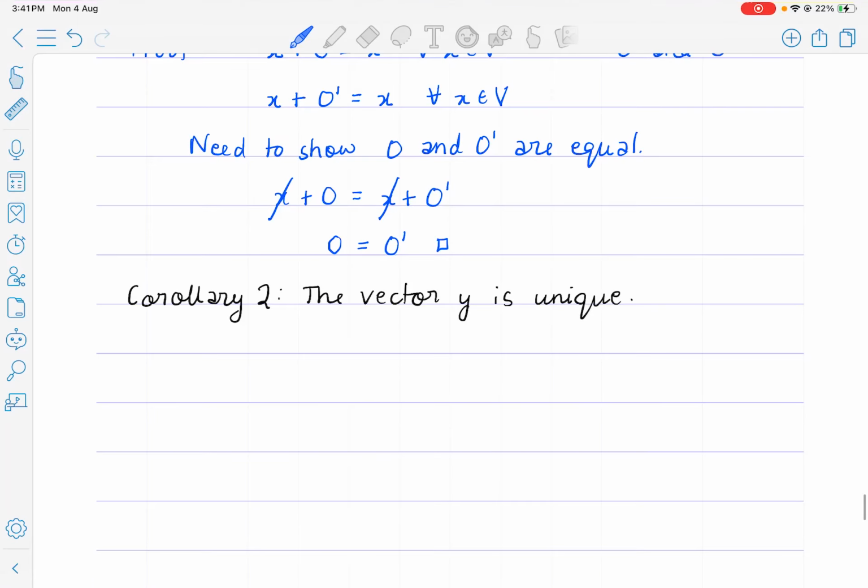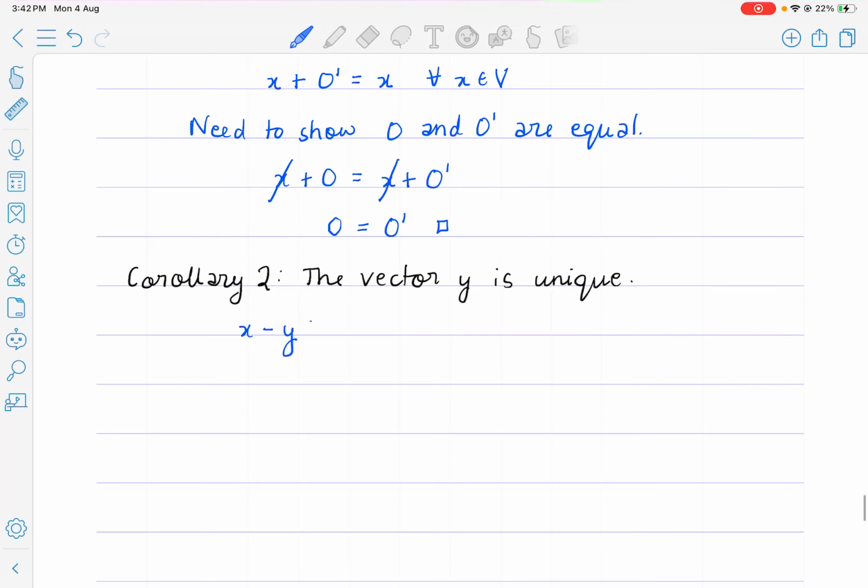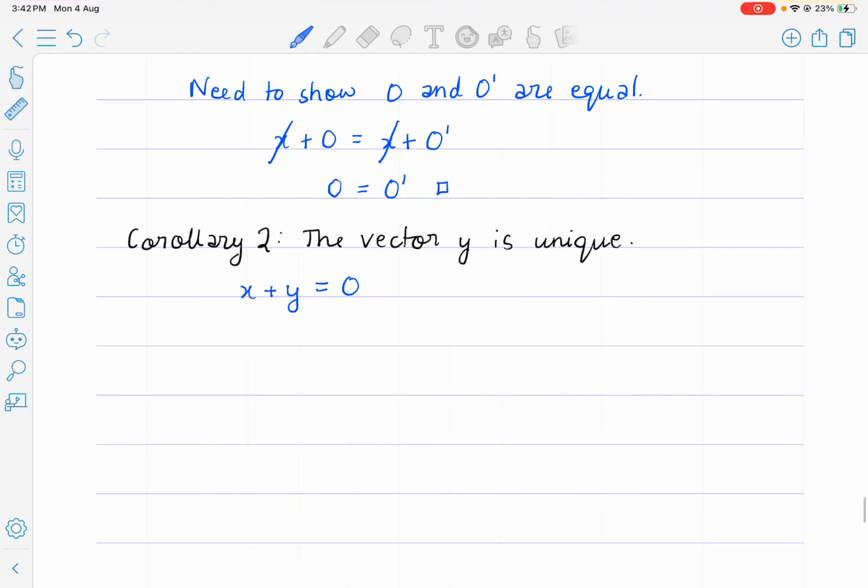What is y? For every x, there is such a y that x plus y is equal to 0, and we call this the additive inverse. How do we show that this is unique?